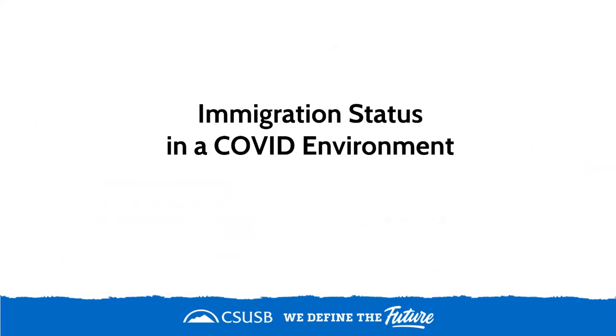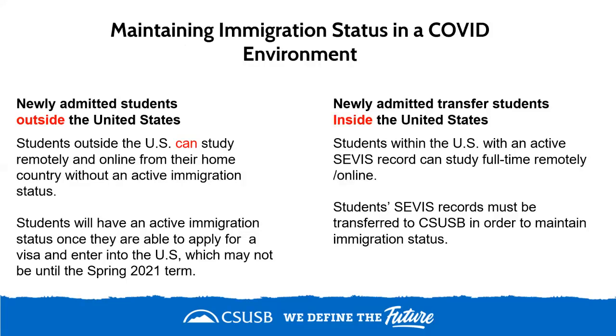So what do we do with this immigration status in the midst of a COVID environment? There are many, many new updates and changes taken into consideration for COVID. Some are very much needed in the sense that it allows for us to maintain your SEVIS record and you to maintain your academic program and studies.